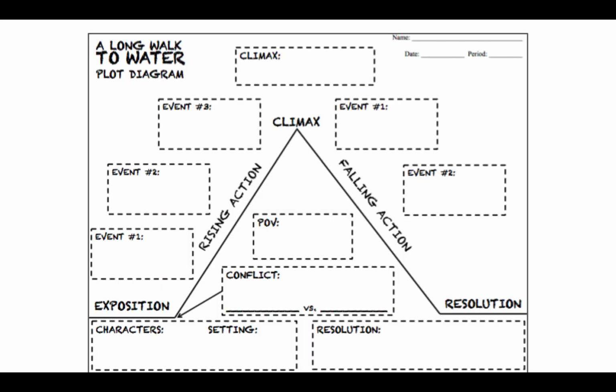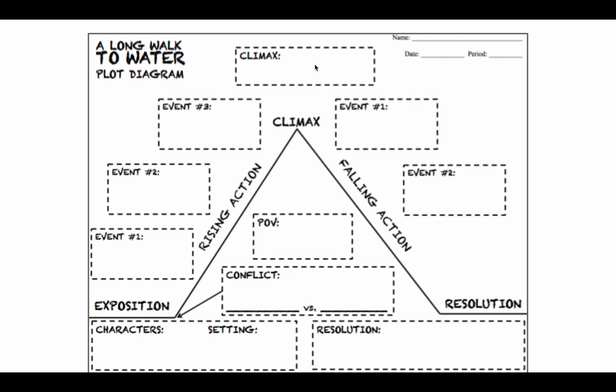So I want you to spend some time now to think about the plot. I would start by identifying the characters, Salva and Nya, and the setting. It primarily is in South Sudan, but we know that they travel to other places as well. And then I would start by thinking, what is the most intense part of the book? And that's where I would identify the climax.